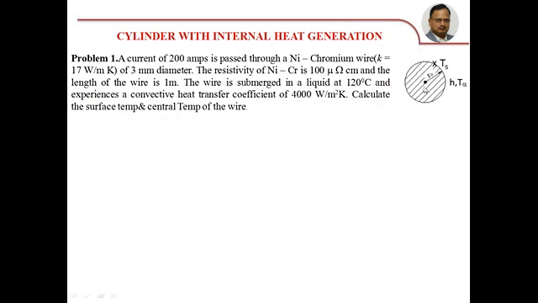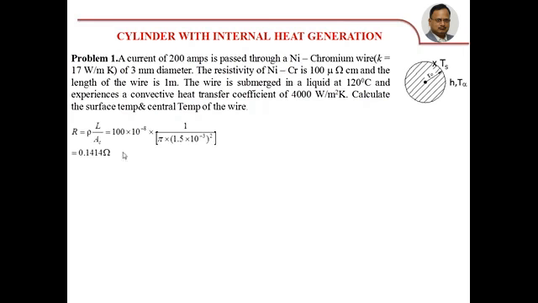Length of the wire is 1 meter, and this is kept in a liquid with the T alpha 120 degrees, experiencing a convective heat transfer coefficient of 4000 watts per meter square Kelvin. You are asked to calculate the surface temperature and the central temperature of the wire.